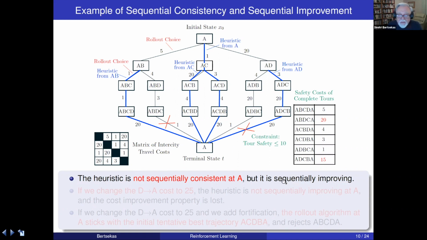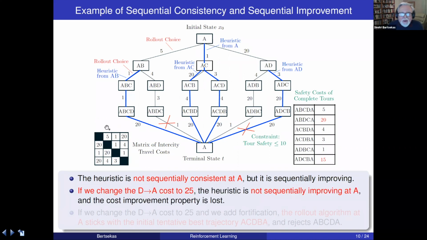So we have sequential improvement, and indeed, the rollout constructs this trajectory with cost 27, which is better than the cost of 28 that the base heuristic constructs from the beginning. However, if we were to change this one travel cost from 20 to 25, then the sequential improvement condition at A would be violated.